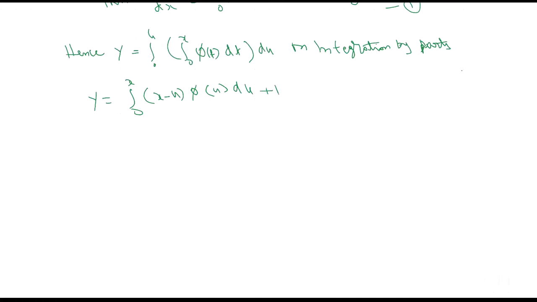That equals integration 0 to x (x minus t) phi of t dt plus 1. Equation number 2.